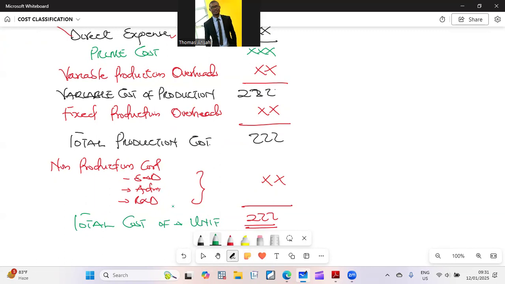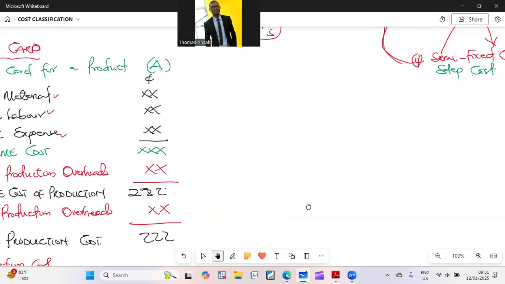And it is something that we'll be learning how to do. So take note of that. All right. So that is that. So we now want to get back to how we will separate the cost, the semi ones. So how do we separate it?